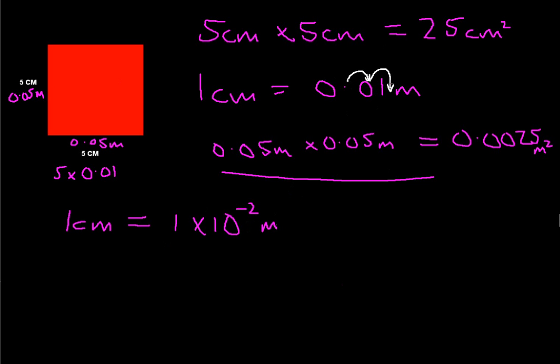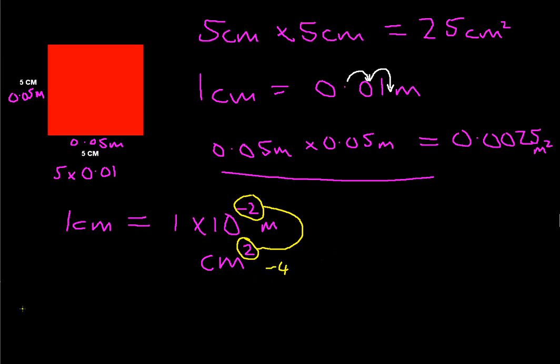Again we're thinking, right, we need this in centimetres squared. Well, we've done this last time, we can do the same again. You've got this number here, the minus 2, and you've got this number here, which is 2. If we multiply them together, that gives us minus 4.